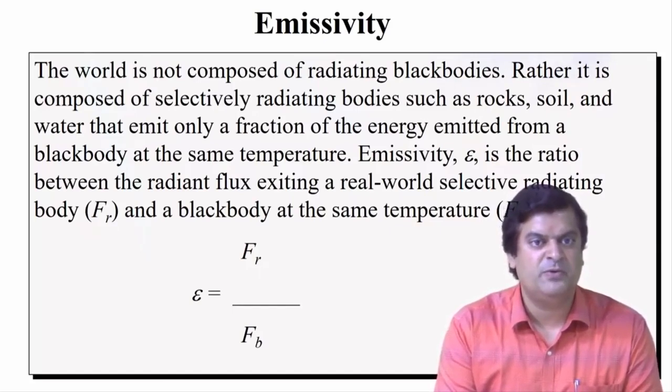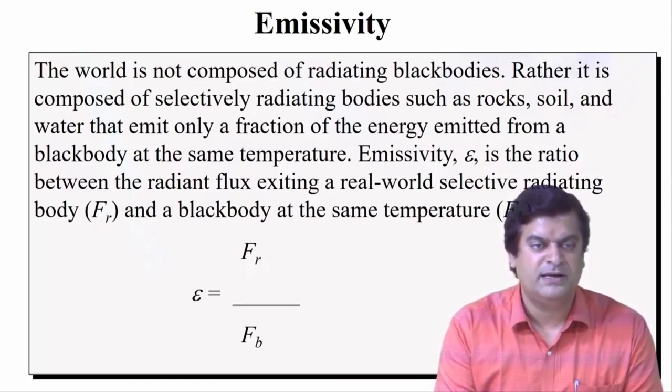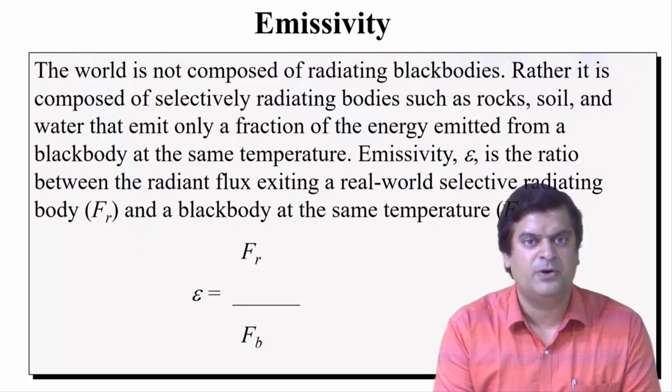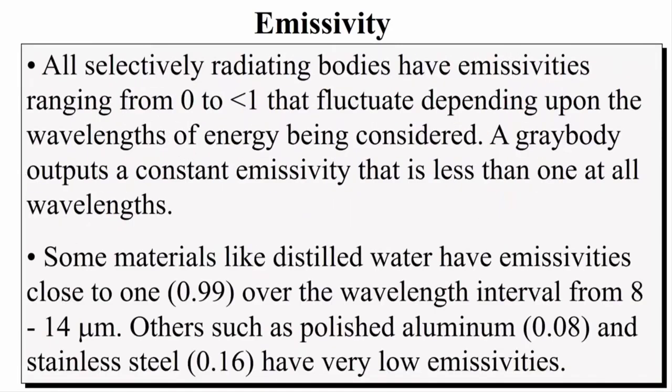Emissivity is the ratio between the radiant flux exiting a real-world selectively radiating body, represented by Fr, and a black body at the same temperature, represented by Fb. So the ratio of Fr and Fb gives the emissivity. We calculate the emissivity of any object with the help of this ratio of the radiant flux.